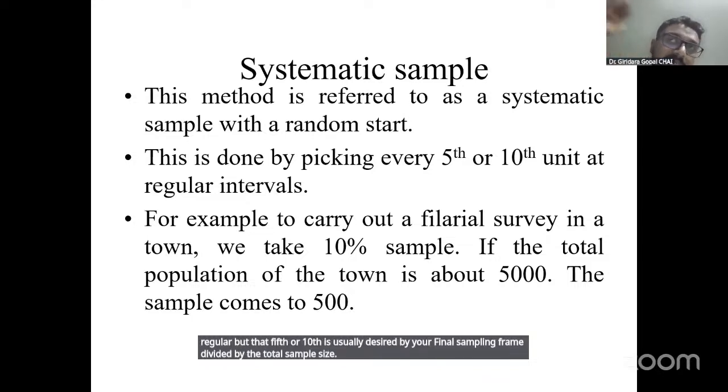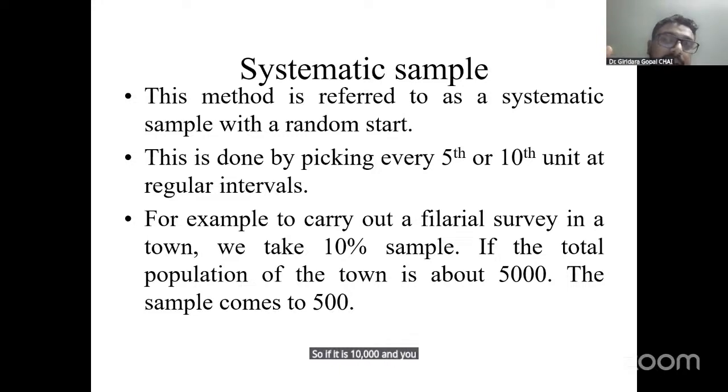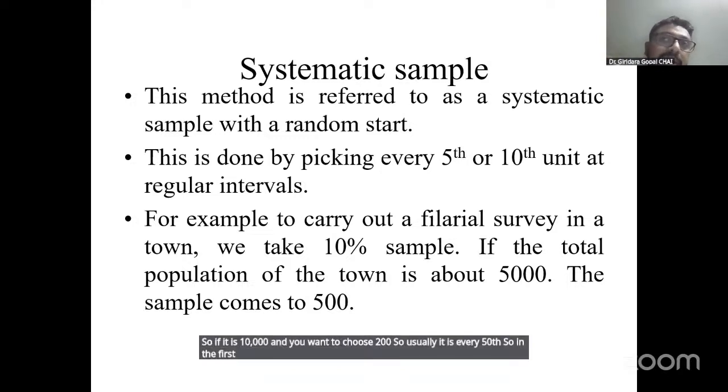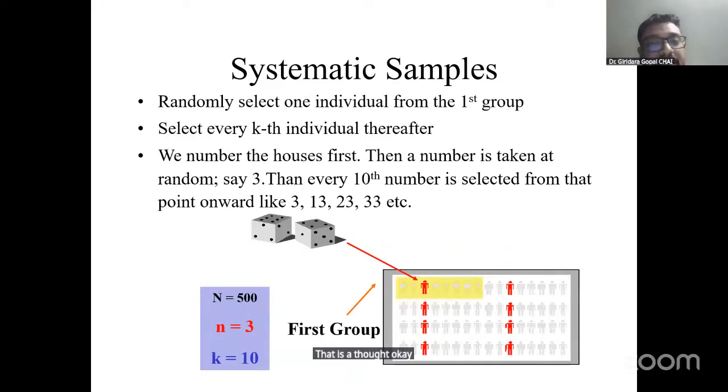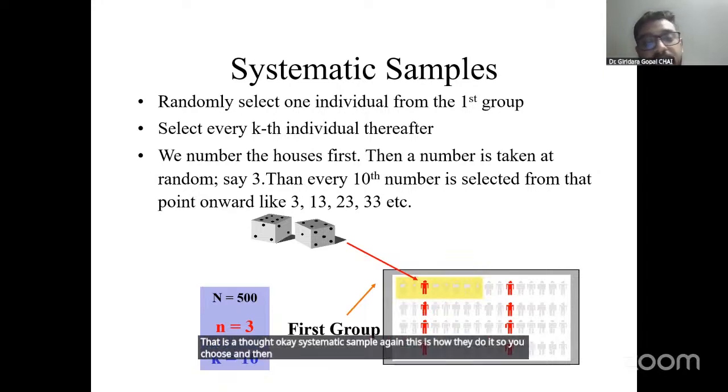So if it is 10,000 and you want to choose 200, usually it is every 50th. So in the first 50, you choose somebody random and then you keep adding 50, 50, 50, 50, 50. That is the thought. Again, this is how they do it. So you choose, and then again, it's 3, 13, 23, 33, and so on.